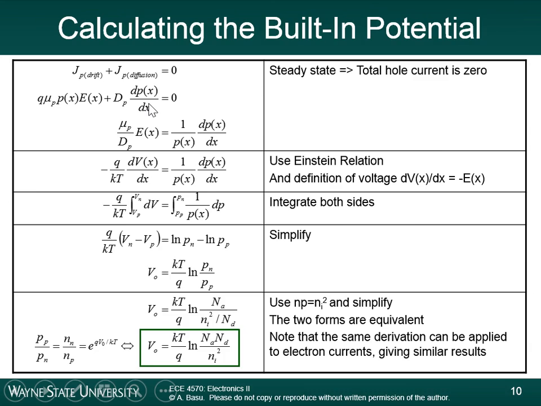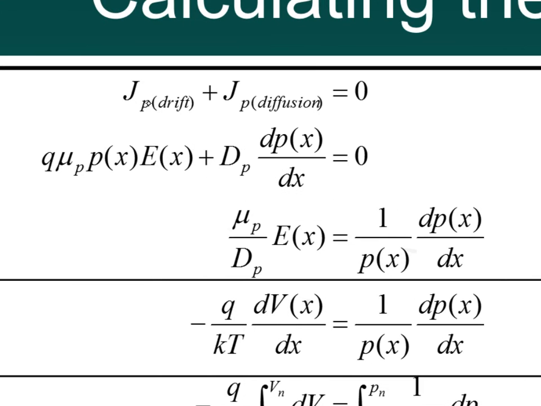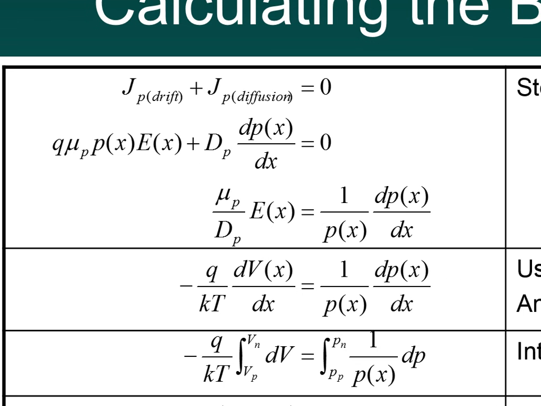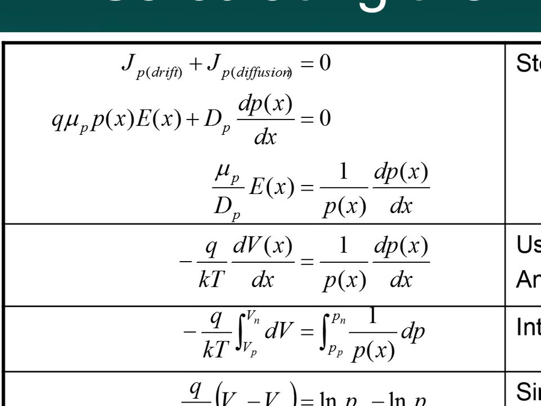Let me zoom in here so it's a little bit easier for you to see. We're going to go through this step by step. The formula for drift current is q times mu times p(x) times E(x). This was the formula for drift current from the last module. And this is the formula for diffusion current from the last module. The sum of the two is equal to 0.